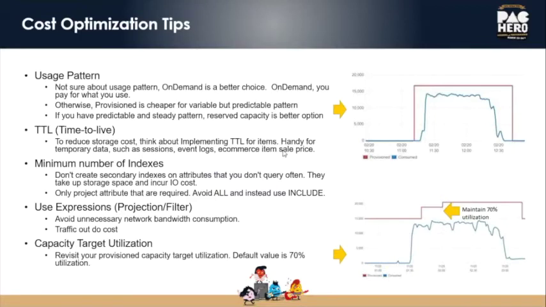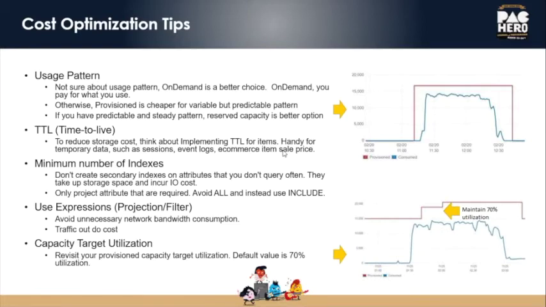Next tip is minimizing the number of indexes. As I mentioned earlier, we had a global secondary index on one of our base tables. Now, global secondary indexes have their own read and write capacity, and they also have their own storage. If you've got multiple indexes on your base table, all those indexes will have their own storage.